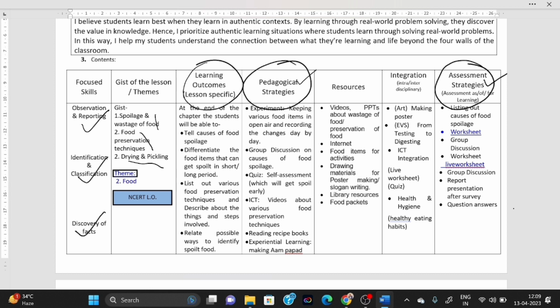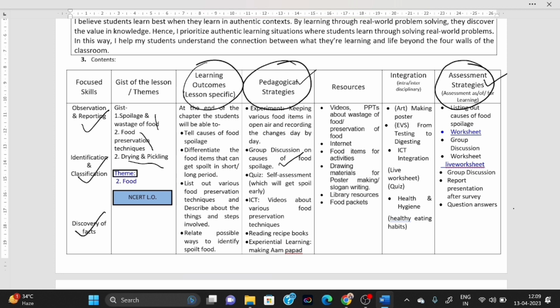First one is experiment: keeping various food items in open air and recording the changes day by day. Then group discussion on causes of food spoilage. Then a quiz activity for self-assessment on which will get spoiled early.